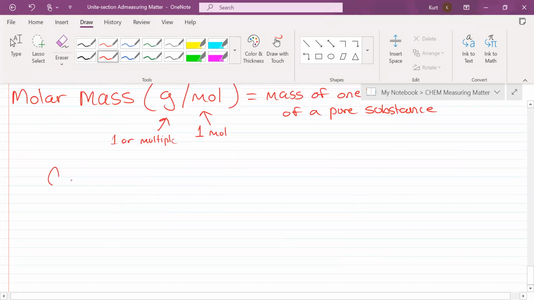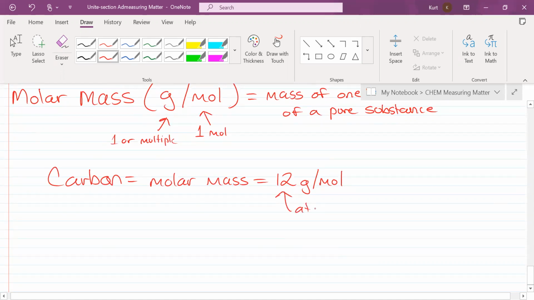So for carbon, we say the molar mass is 12 grams per mole. This number that I got is the atomic mass. That's where you get it from.